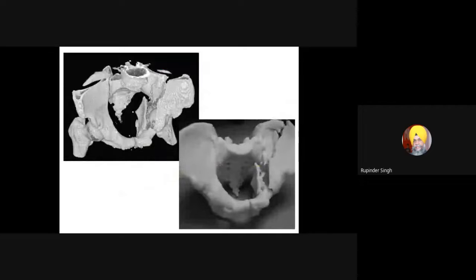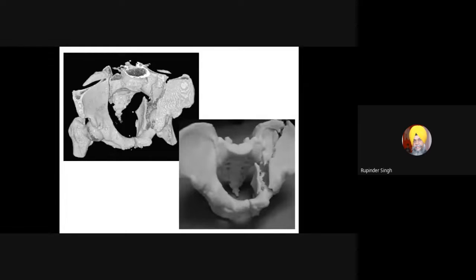Then this is an example from a human journal where there is a pelvic bone fracture. The pelvis bone is fractured, and I need not explain this because it will be very complicated.